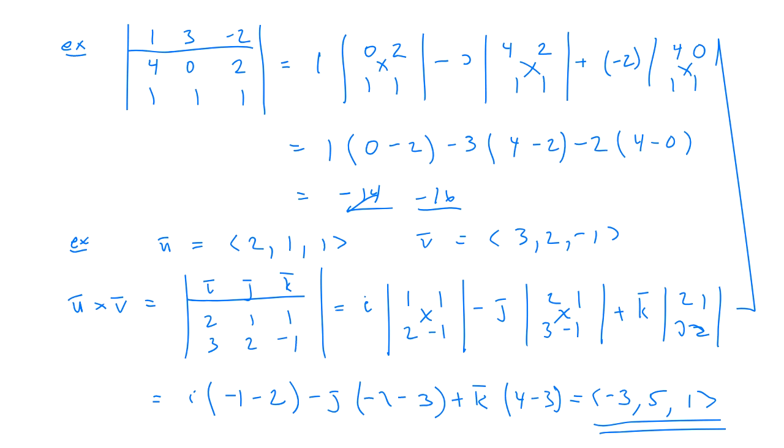So i is equal to, remember, 1, 0, 0, and j is 0, 1, 0, and k is 0, 0, 1.